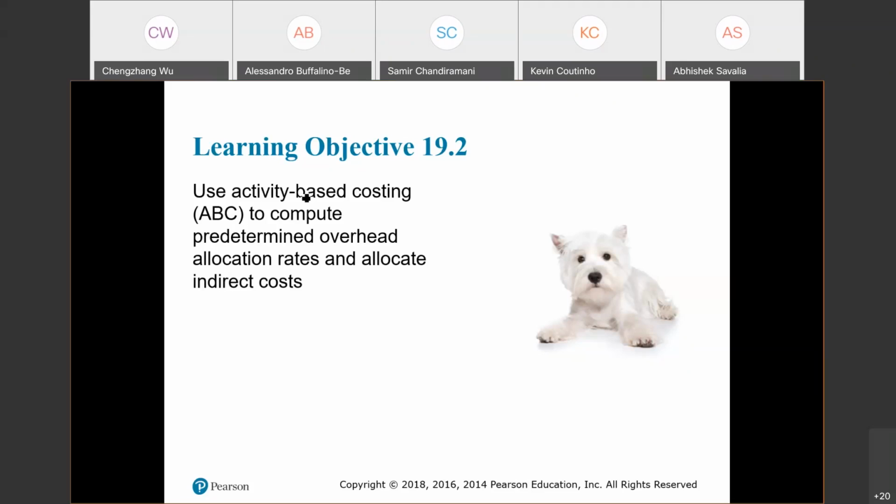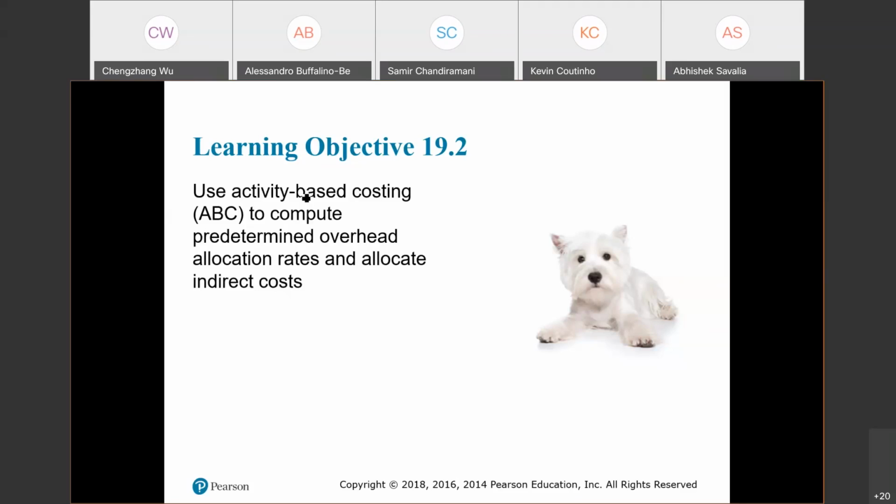When the companies produce few products and production is similar across product line, managers could limit their focus to a broad business function such as production and use a single plant-wide rate or multiple department rate to allocate the manufacturing overhead to their inventory.